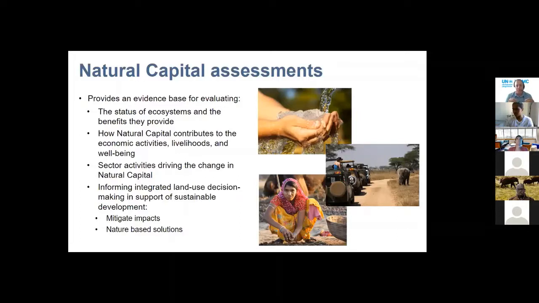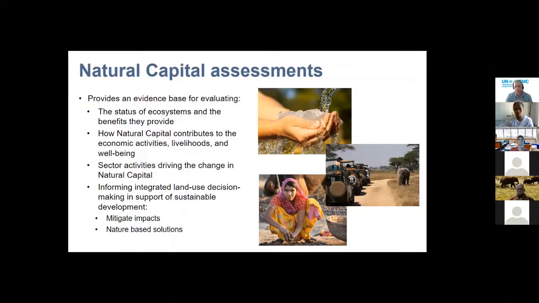So we want to understand how natural capital in a study area is contributing to economic activities, livelihoods, and well-being. And we want to understand what the sector activities or developments are that are going to be driving change in natural capital and affecting the benefits that it provides to people.